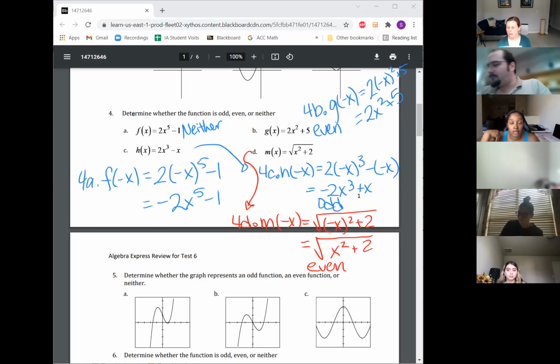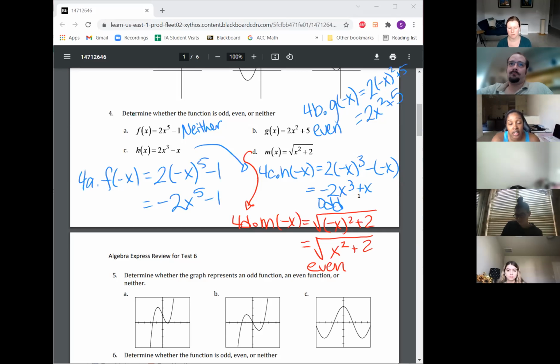I have a question. I just want to confirm, because I end up getting the right answers, but at first I got stuck. If I know that I need to change the x into a negative to determine this, using A as an example, it has 2x to the 5th.